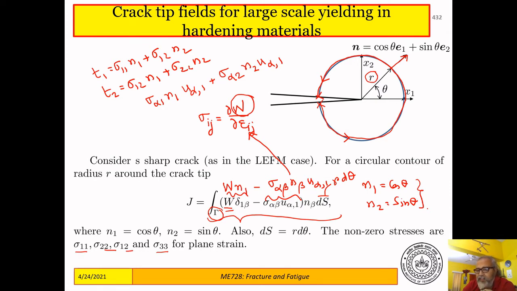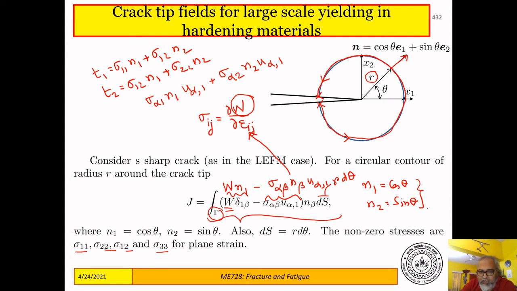The strain energy density function is no longer quadratic, it is something else, but it exists. We can think that it exists, and the stresses can be derived as derivatives of the strain energy density function. Okay, so that is why we are using deformation theory of plasticity in this derivation.